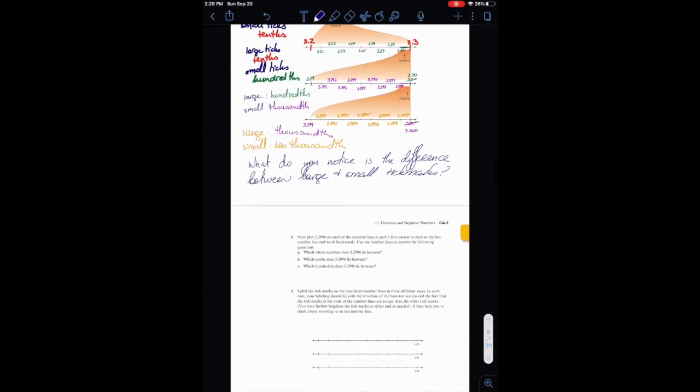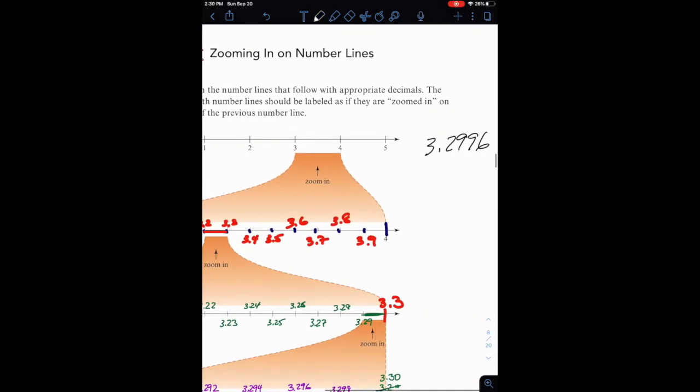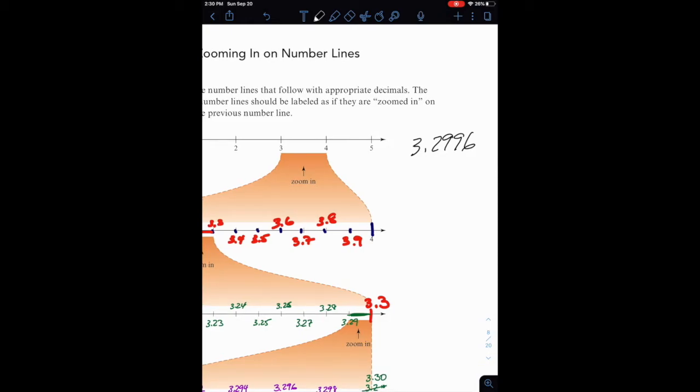What if we were asked to plot 3.2996 on each of the number lines in part 1? So if we were to plot it here, this is our 3 and this is our 4. Right? We're greater than 3, less than 4.